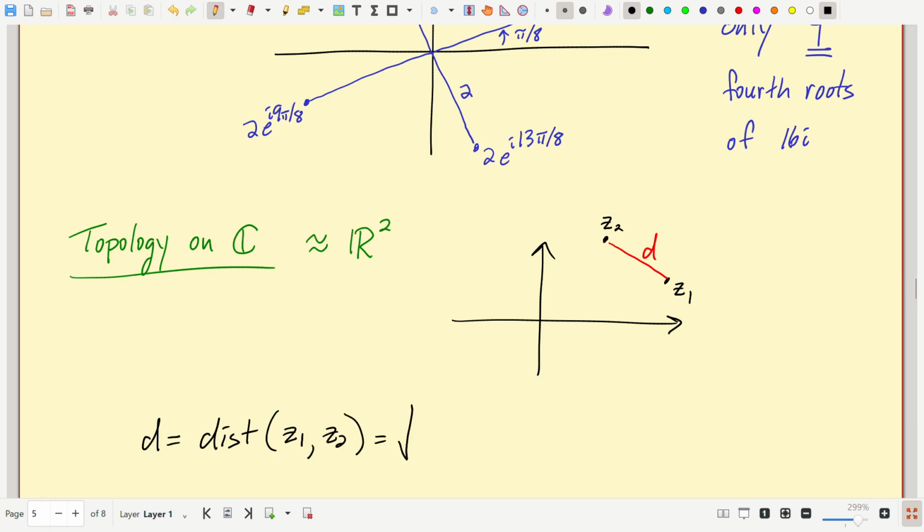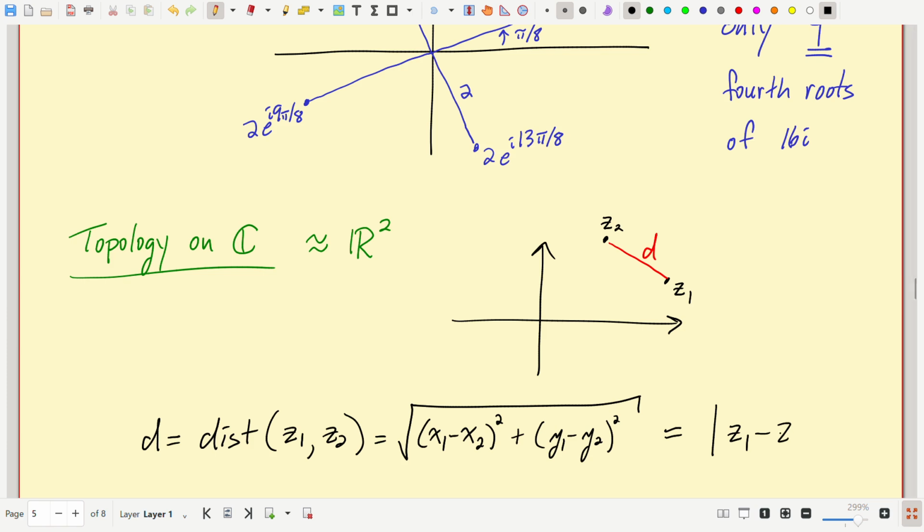That's going to be the square root of (x1 minus x2) squared plus (y1 minus y2) squared. That is conveniently written as the modulus of z1 minus z2. So we have a very nice way of writing that distance that doesn't involve all the ugly square roots.